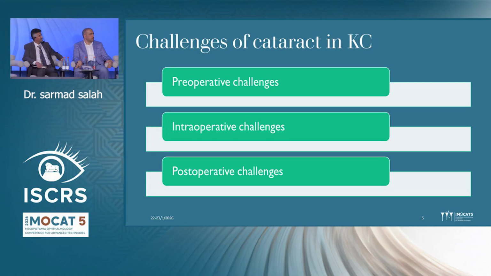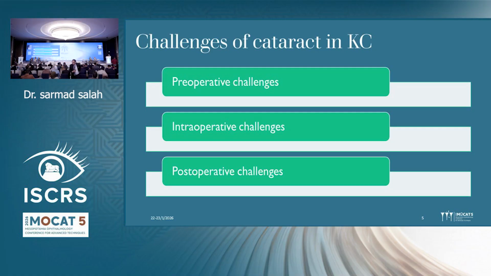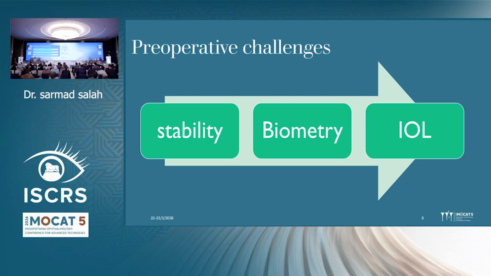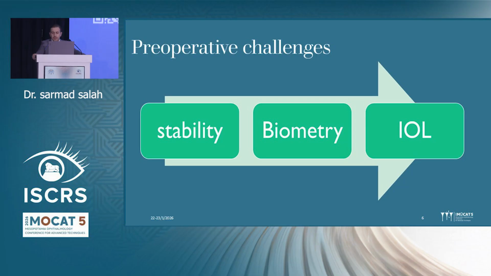When we face a patient with cataract and keratoconus, that means we face challenges. We can simply divide them into preoperative, intraoperative, and postoperative challenges. Regarding the preoperative, we have three issues: corneal stability, the appropriate formula of biometry, and what type of IOL to be implanted.